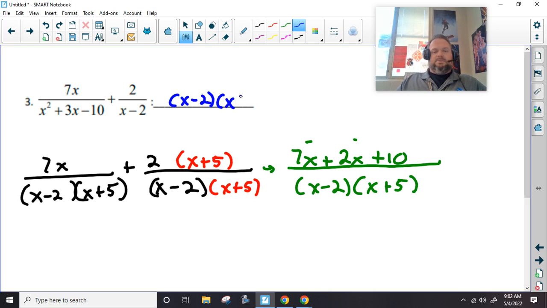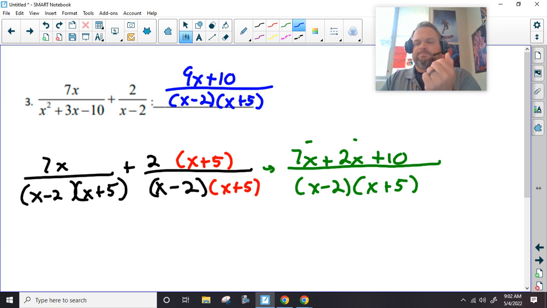X minus 2, x plus 5, and then 9x plus 10. Okay, so now remember, if you forget to do the simplifying, how many points off is it? Just one. Okay, just one.